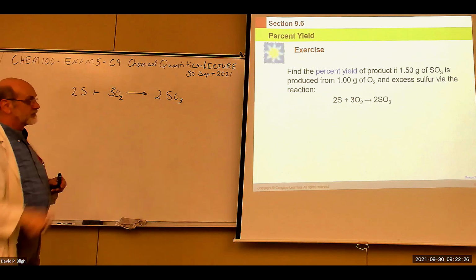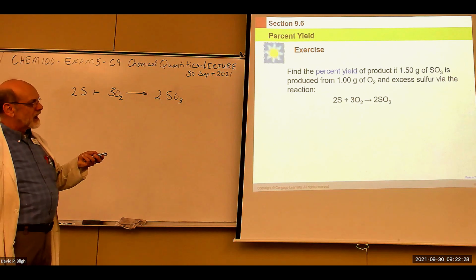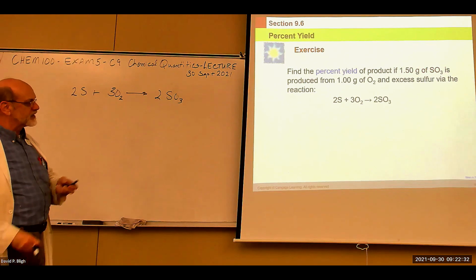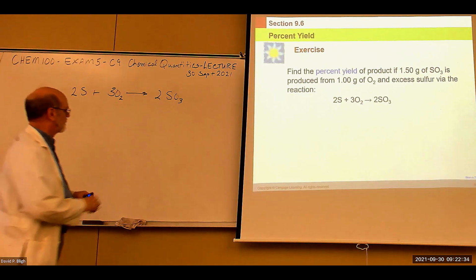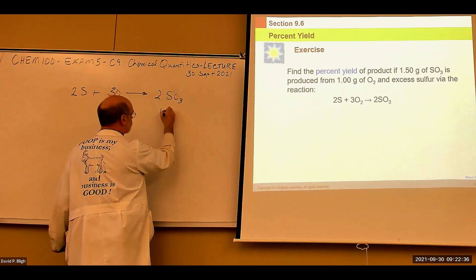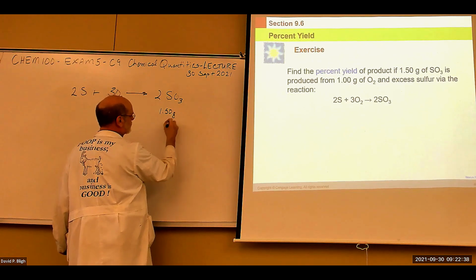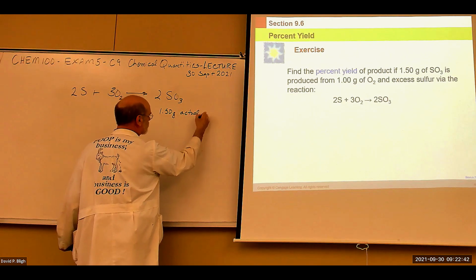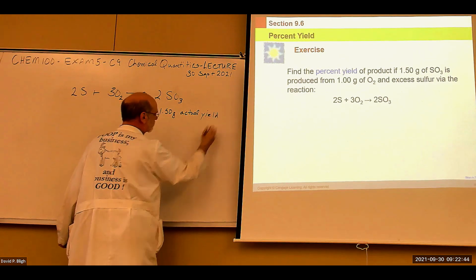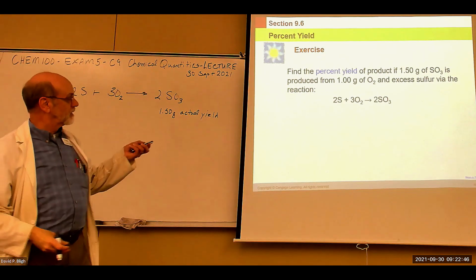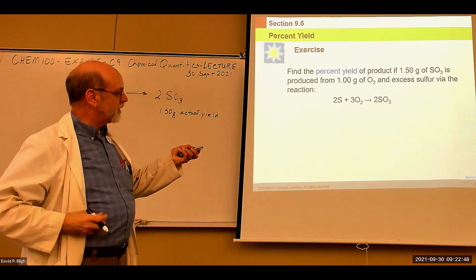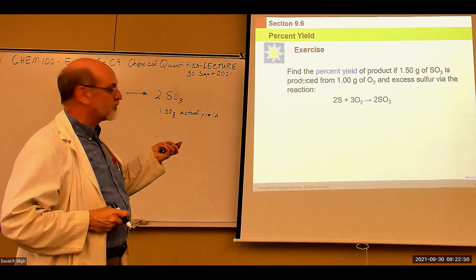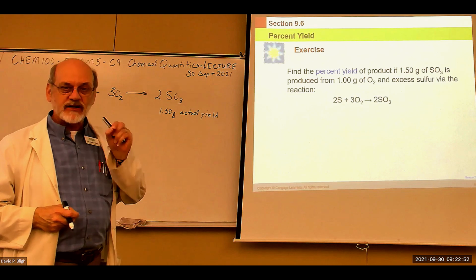What else are we given? 1.5 grams of sulfur trioxide is produced. 1.5 grams is actual yield. That's what it says. That's the actual amount.